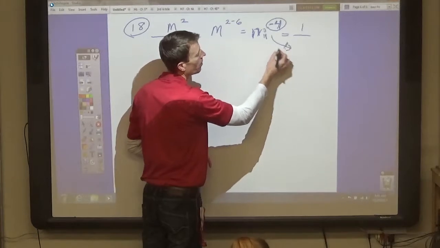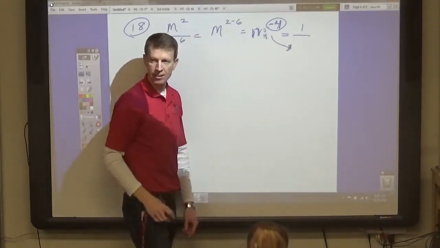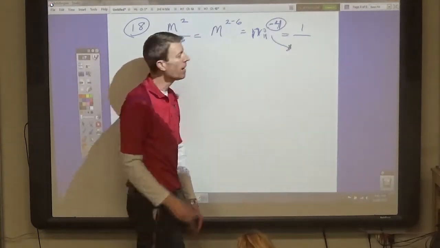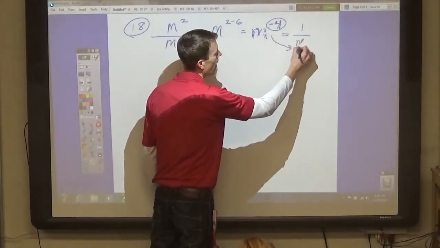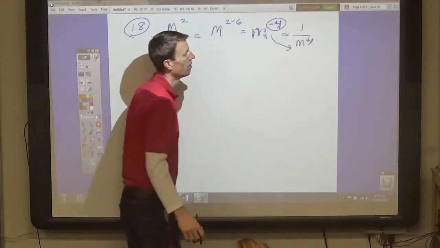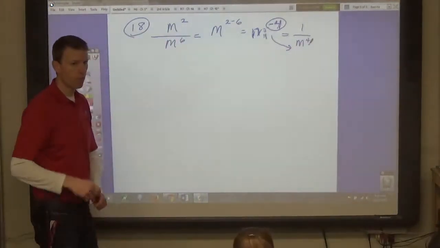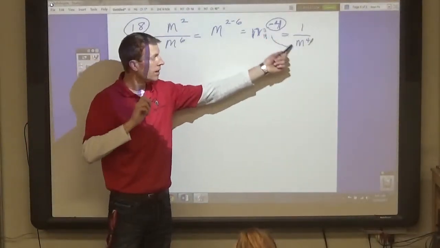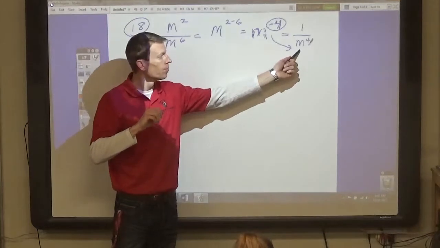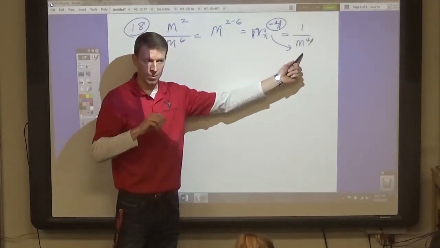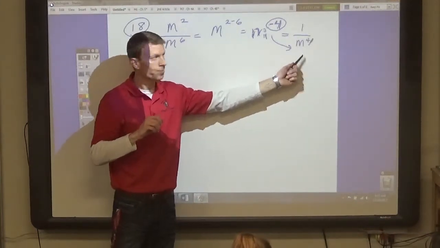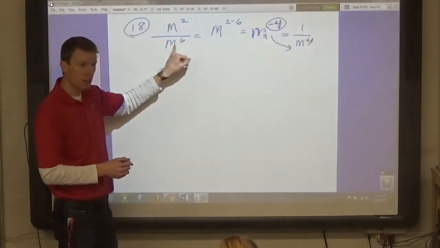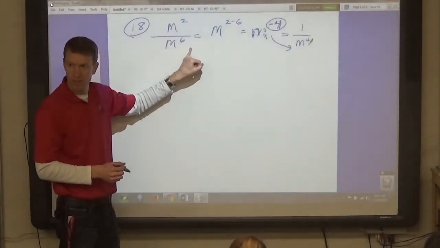That means we can put the m down here and make it positive, over m to the fourth. Alright, so write both of those answers, because m to the negative fourth, if you write it in the denominator, is m to the fourth. Okay? You see there's more m's on the denominator, right?